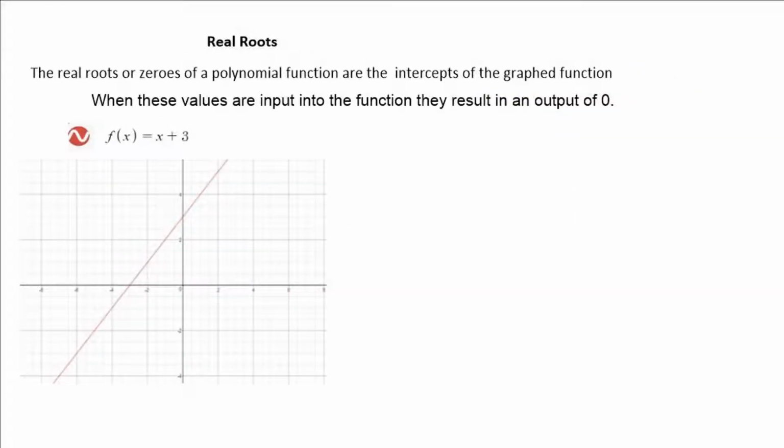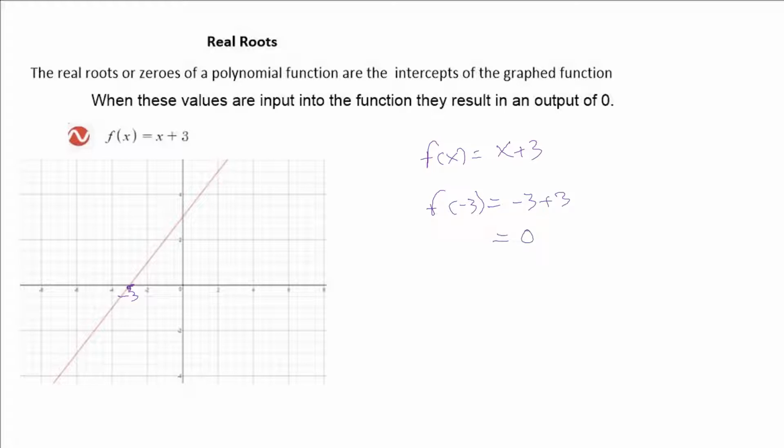Roots of functions correspond to x-intercepts. In the case of the graph that we have here, the x-intercept is negative 3. Notice that when we input negative 3 into the function, in other words, substituting it for x, let's see what happens here.